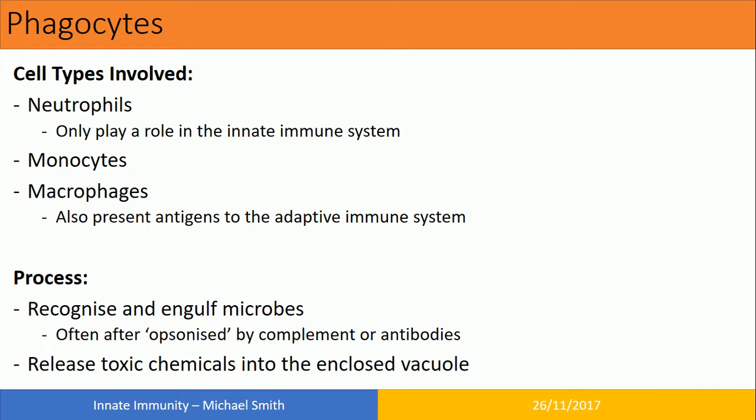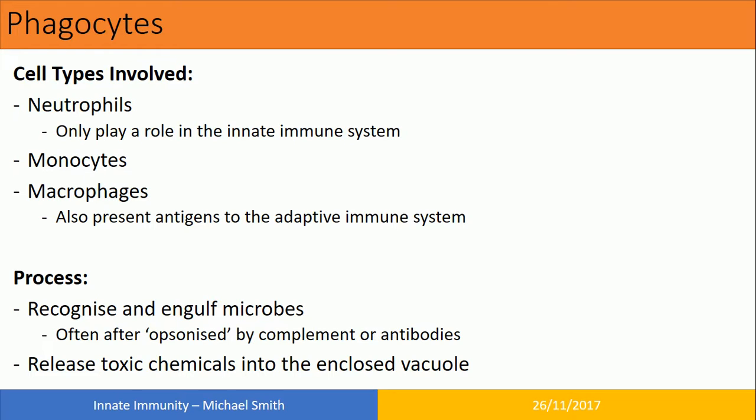So one of the key types of cell in the innate immune system are our phagocytes, and they're so called because they perform phagocytosis. So there are three types of cells which perform this. We have our neutrophils. Now these only play a role in the innate immune system, so they simply perform phagocytosis and nothing else.